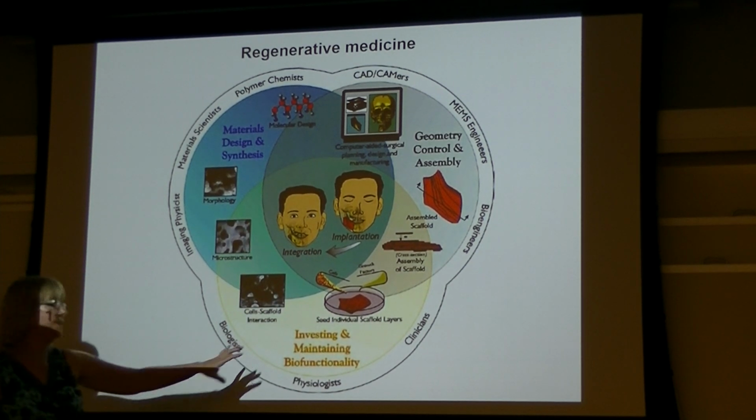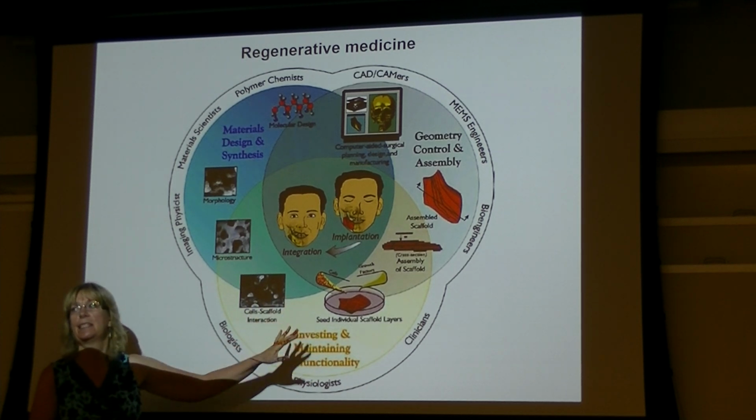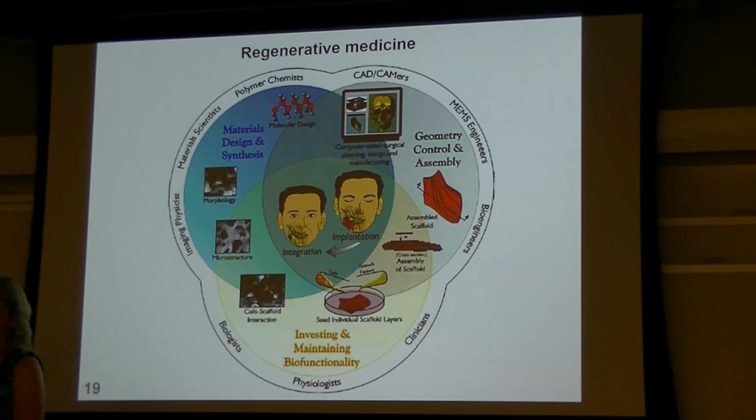So the biology field that finds these cells and can get them to stay alive and differentiate into what you want. Then we have materials design and synthesis. This would be more from an engineering perspective. Maybe we need to make some kind of a scaffold or a unit that could house these cells and allow them to grow and differentiate appropriately.